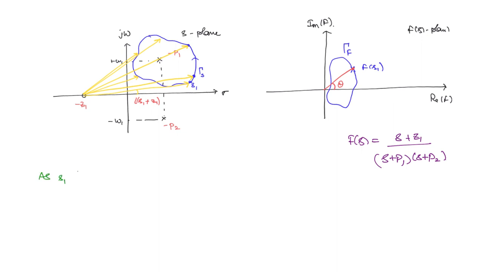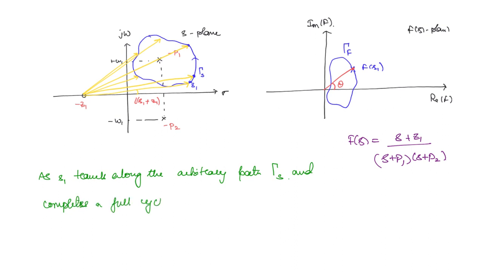As s1 travels along the arbitrary path gamma s and completes a full cycle, then the angle generated by the vector s1 plus z1 will be 0.